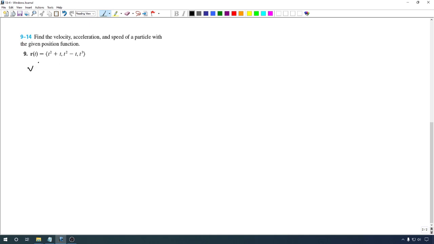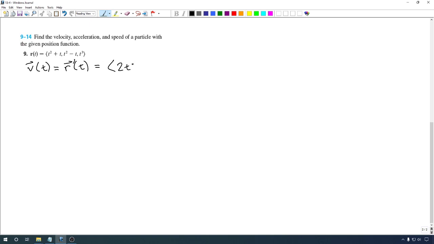So of course, first thing we do is differentiate. So v of t, the velocity, I'm going to keep putting those arrows over it for now. The velocity function, which is the derivative of the position function. We just have polynomials here, so this is relatively easy.